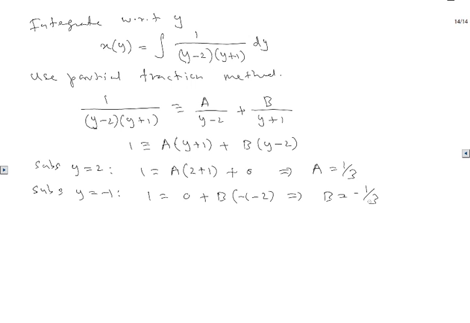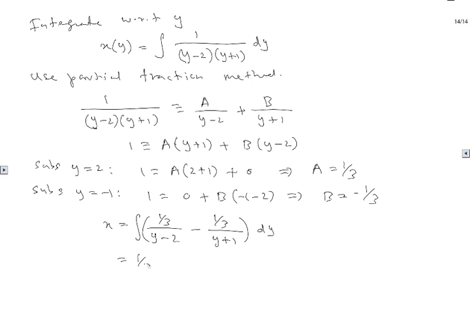Now we can plug them in, so your solution becomes x equals the integral of 1/3 over (y minus 2) minus 1/3 over (y plus 1) dy.